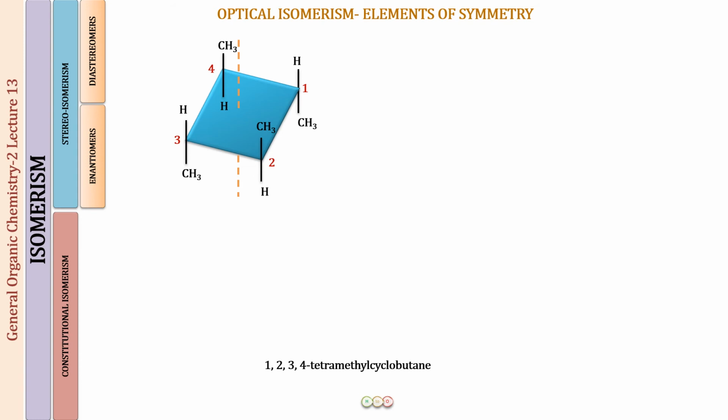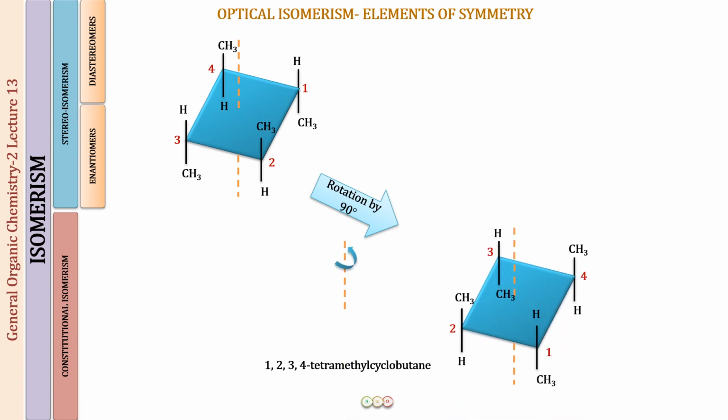If I rotate it by an angle of 90 degrees, I should get an identical structure, right? So when I have done it, you can see this was my carbon number 1. Now this is my carbon number 1, carbon number 2, carbon number 3, 4. So I have given it a rotation by an angle of 90 degrees. But now, rather than calling this carbon number 1, I am calling this carbon number 1, because both of them are the same.